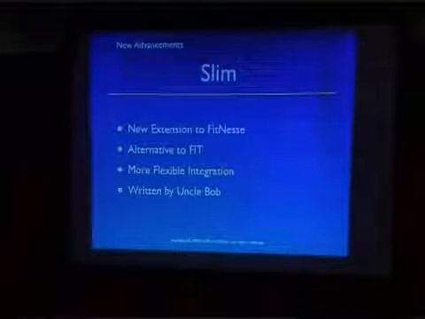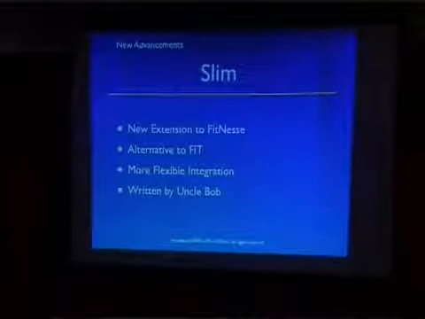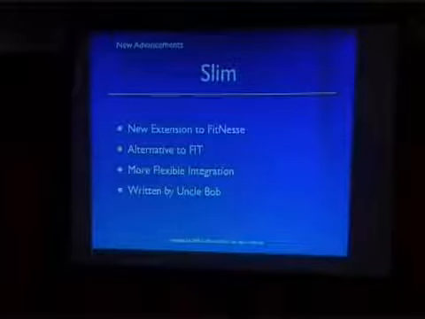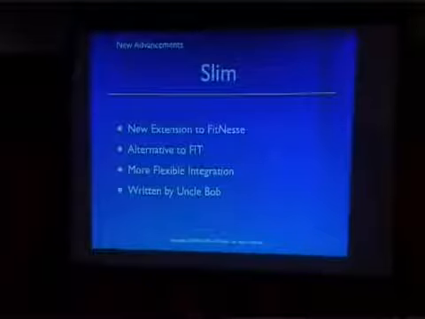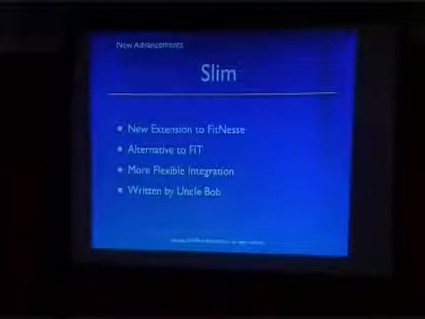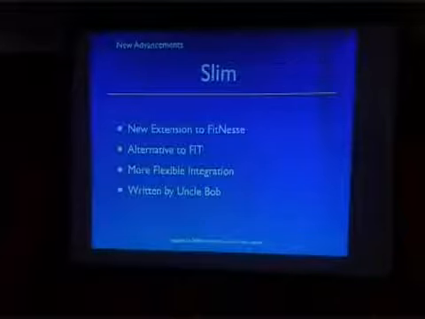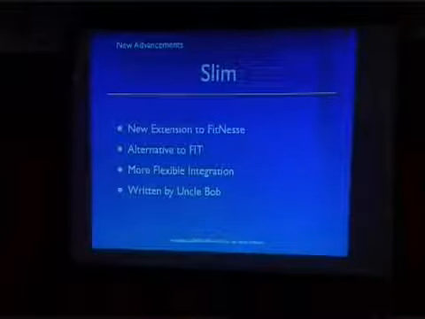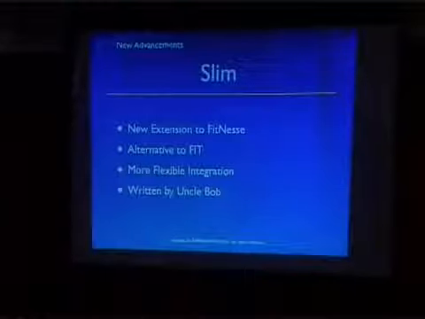You no longer have to use tables. You can use tables, and all the tables are still supported, but you can write your tests in a variety of syntaxes. In fact, you can make up any syntax or markup you'd like to implement your tests in. SLIM is a much smaller framework, so it's much easier to implement for all the various languages. And that might prove to be a better alternative to Fit in the future.